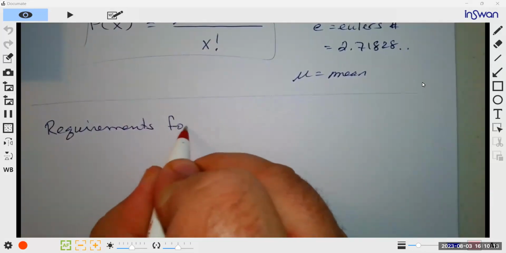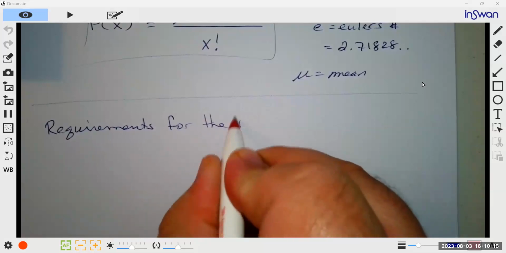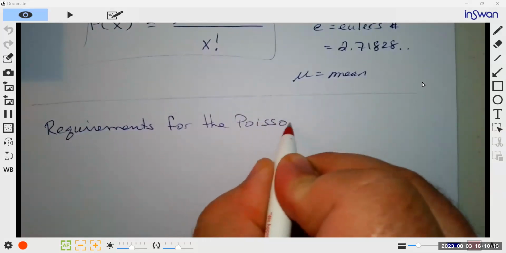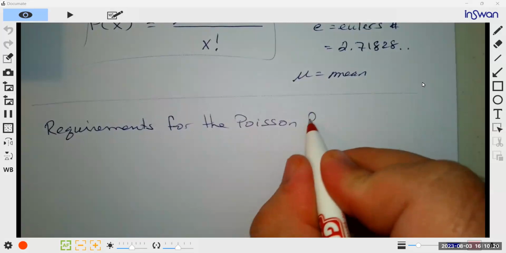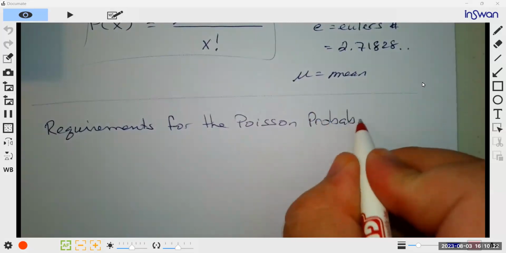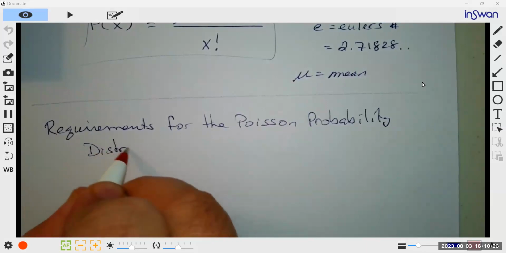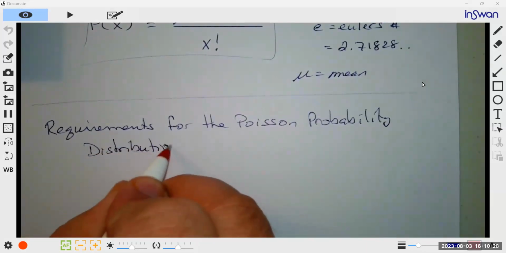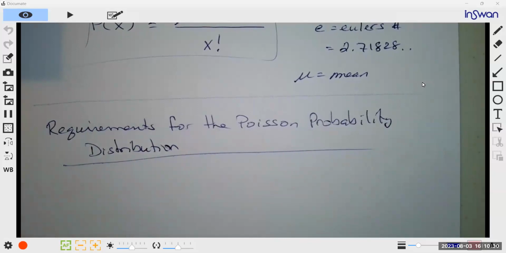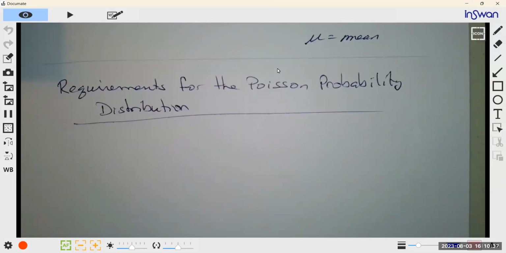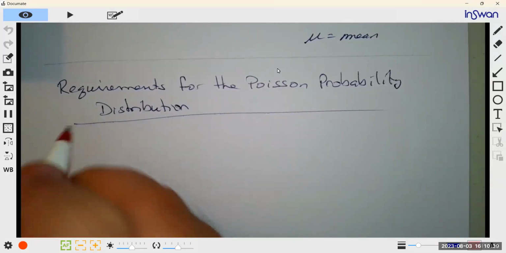The requirements for the Poisson distribution, there are 4 of them.